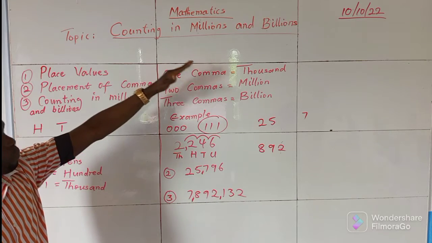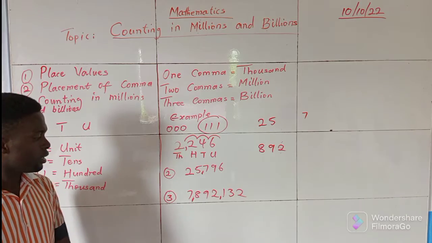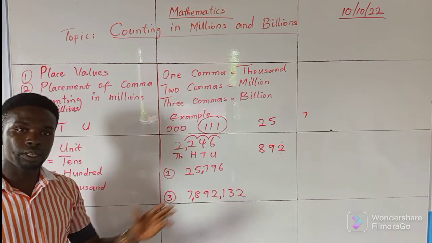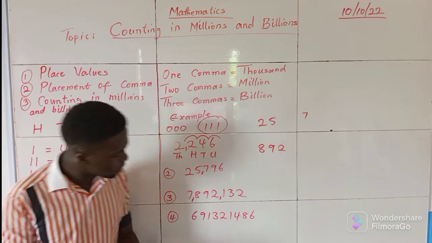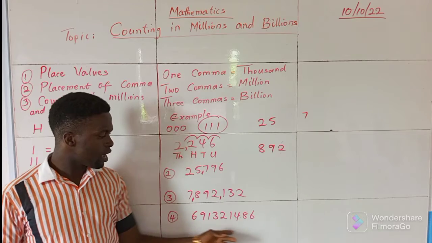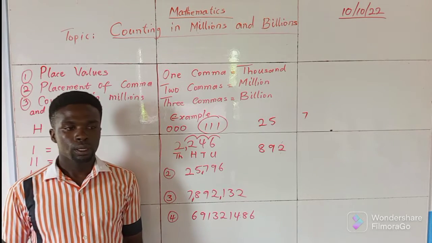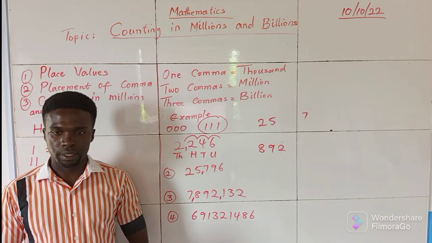Then, when we talk about billions, we talk about 3 commas. My next example, I'm going to tell you about billions. Now, here the numbers are so many. Without the comma, even a teacher will not be able to easily get the numbers.